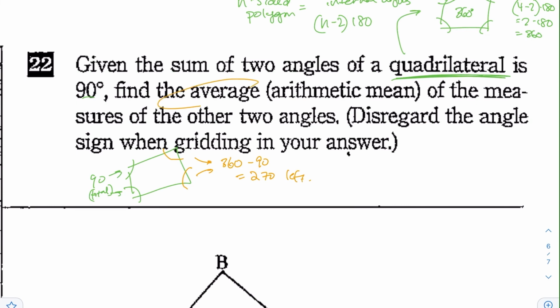Then to find the average, which is the key word here, remember average is the total divided by the number of data. In this case, the total angle is 270, and you have those two angles left. You divide by 2, you get 135. So that's going to be the average of the other two angles. Here the formula that you need to know is n minus 2 times 180.